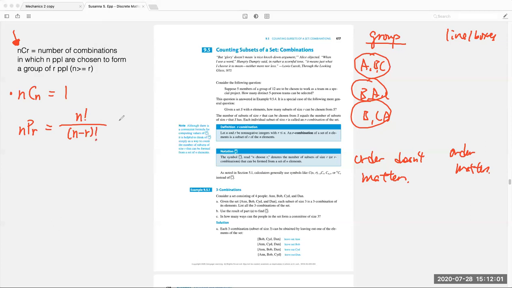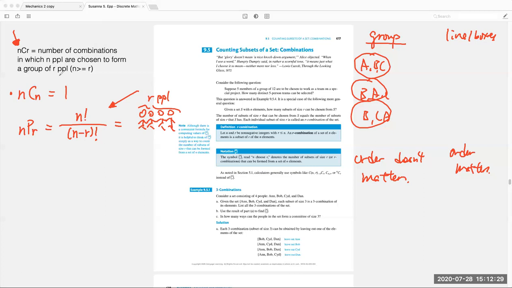And you know the meaning of NPR is choosing r people from n people to queue up in a line. So if it is the NPR, the ordering matters. So let's say there are r people here. You are choosing them to form a line.